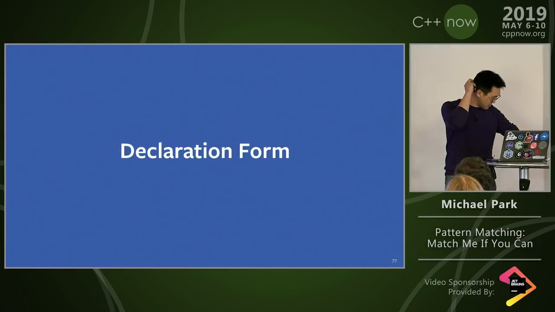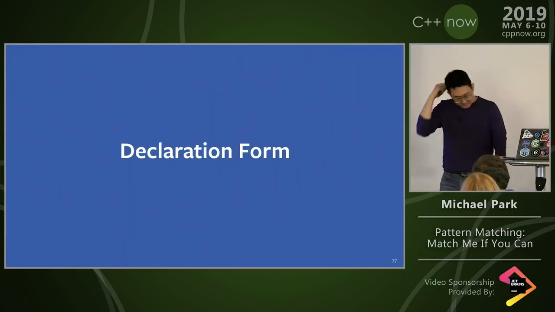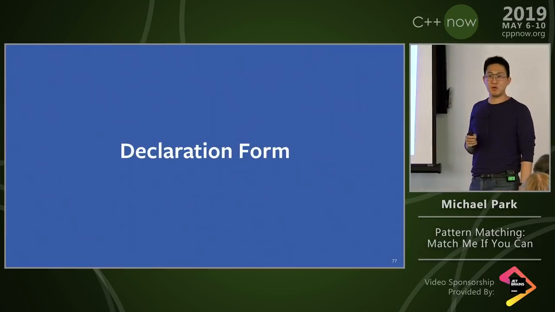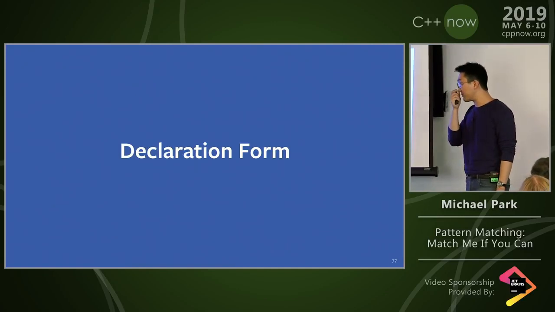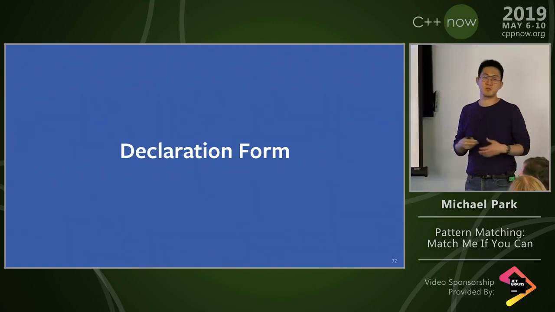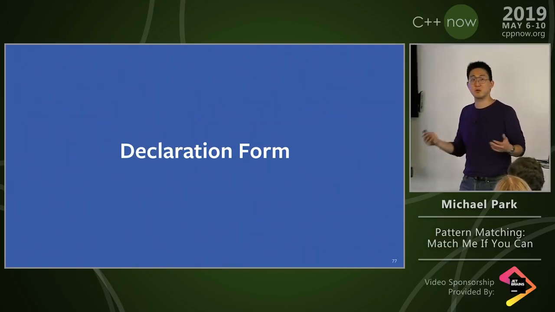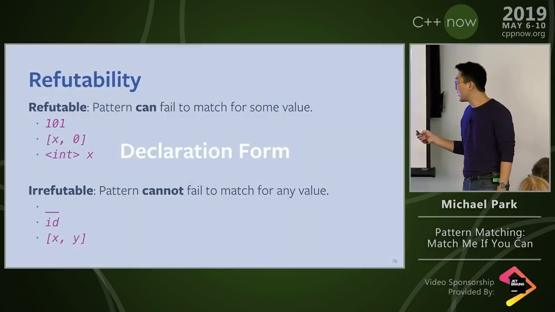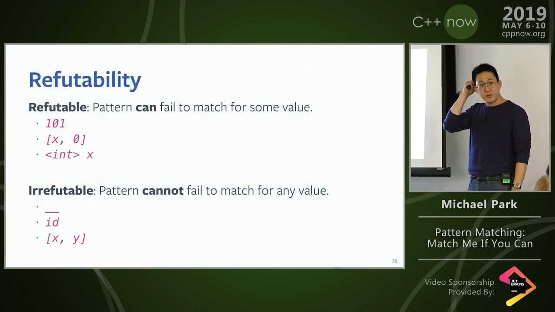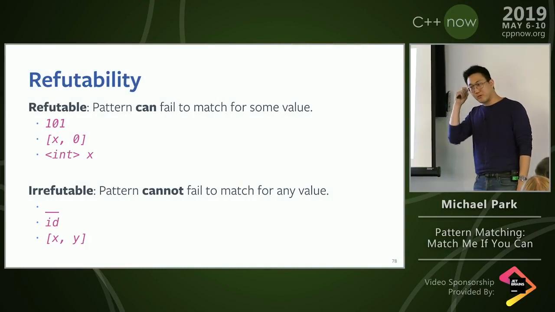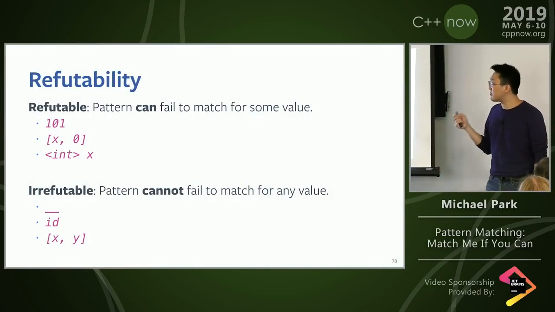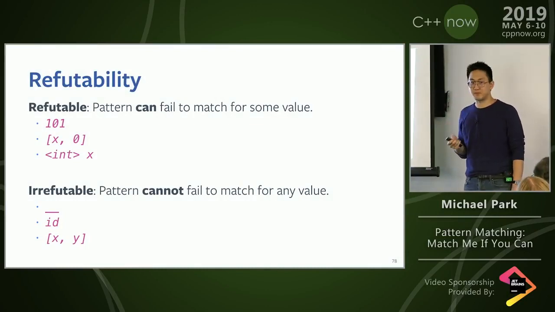Okay. So let's see, some time. Let's do it. The declaration form is an interesting area to think through because we want this feature to be awesome, which means it should be cohesive through the language. So first we need to talk about refutability. What refutability means is a refutable pattern can fail to match for some value.